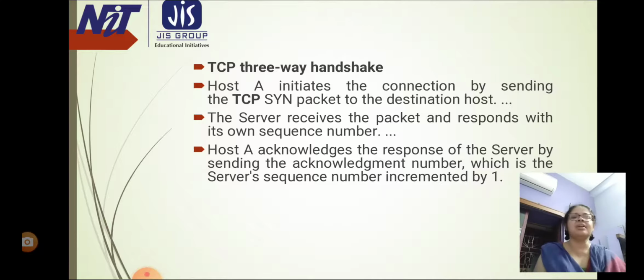The server receives the packet and responds with its own sequence number. Host A acknowledges the response of the server by sending the acknowledgement number, which is the server's sequence number incremented by 1.